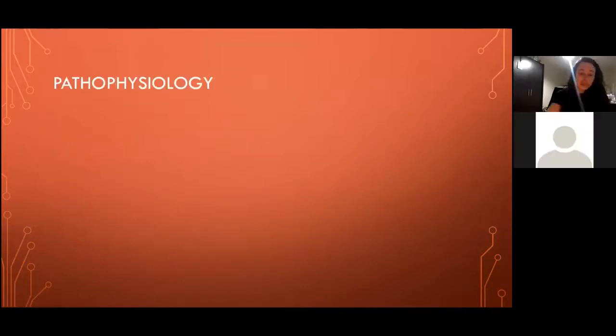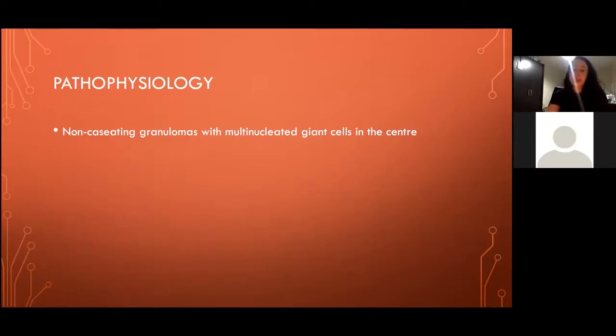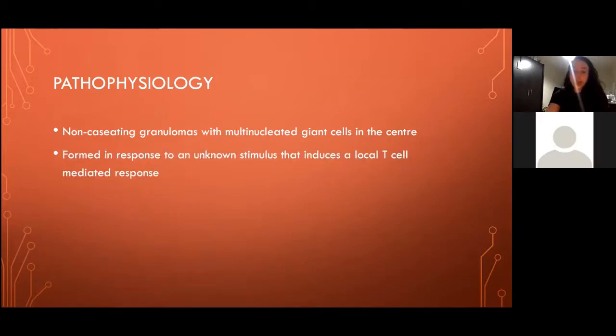Okay, so some pathophysiology. So as I mentioned before, there's non-caseating granulomas, and these have multinucleated giant cells in their centre. So it's an immune response. They're formed in response to an unknown stimulus, which induces a local T cell mediated response.